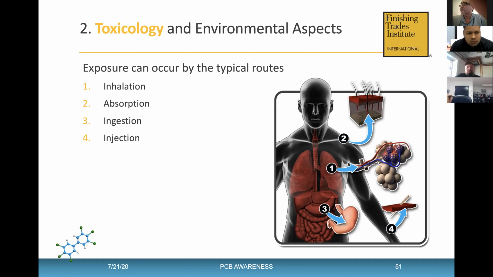And our lungs don't have as many defense mechanisms as when we ingest something. For example, if you were to inhale elemental lead, about 90% of it gets taken up into your body. The other 10% gets excreted.